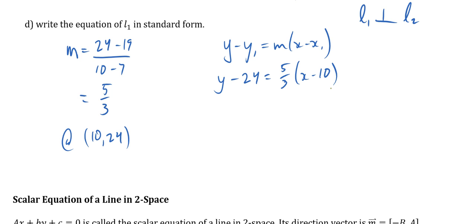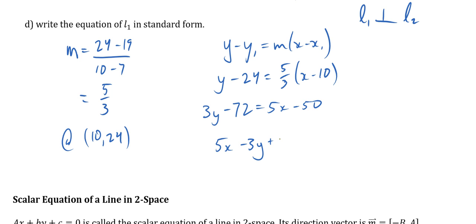Multiply by 3 on the left side, and multiply by 5 on the right side. And in standard form, we usually like to keep the x positive, but it doesn't really matter.